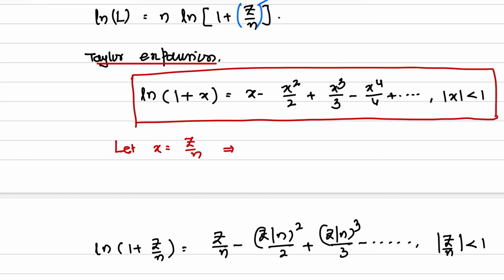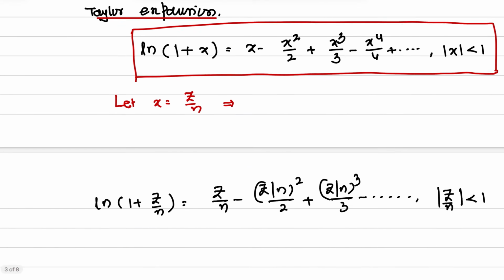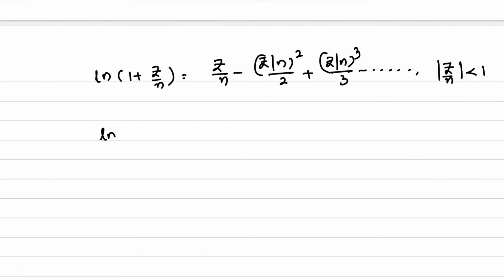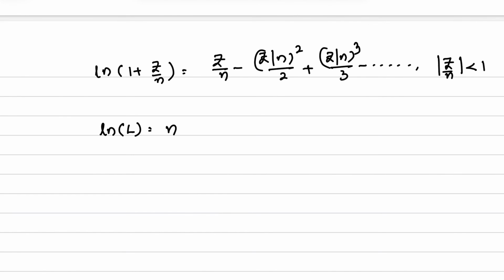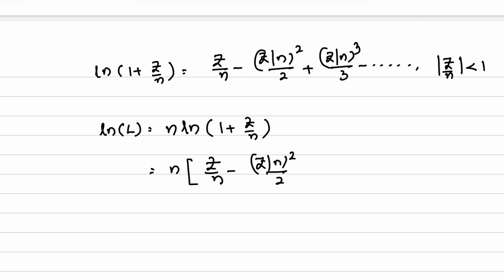in this equation. ln L, the natural logarithm of capital L, is equal to n into ln(1 plus z by n), that will be equal to n into z by n minus (z by n) whole square by 2 plus (z by n) whole cube by 3 minus this, provided z by n is less than 1.